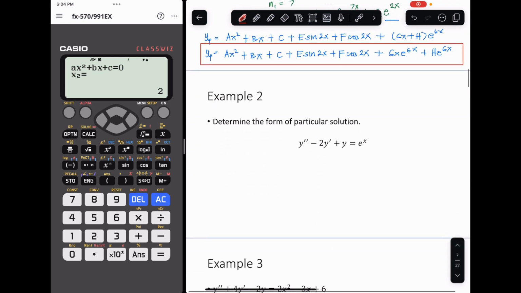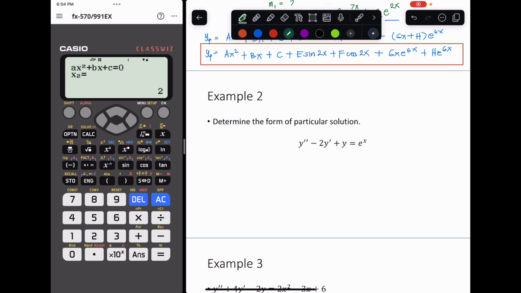For number 2, we are to determine the form of the particular solution. Again, we repeat the same process. We have m squared minus 2m plus 1 equals 0. So we get the complementary solution first.